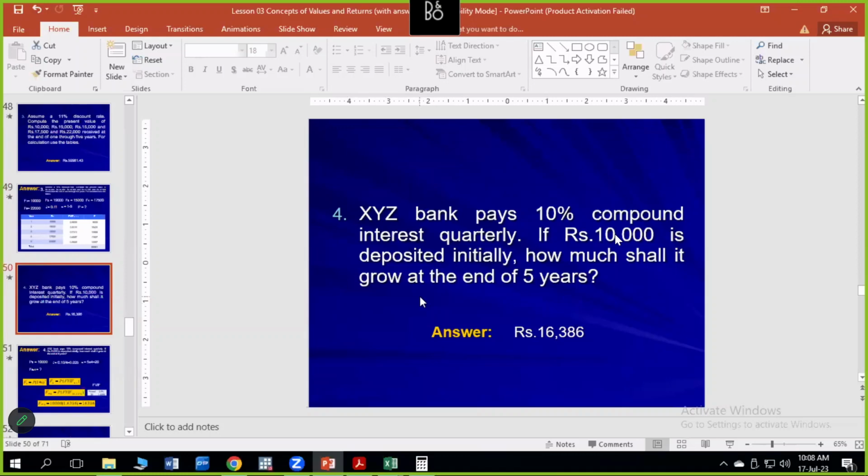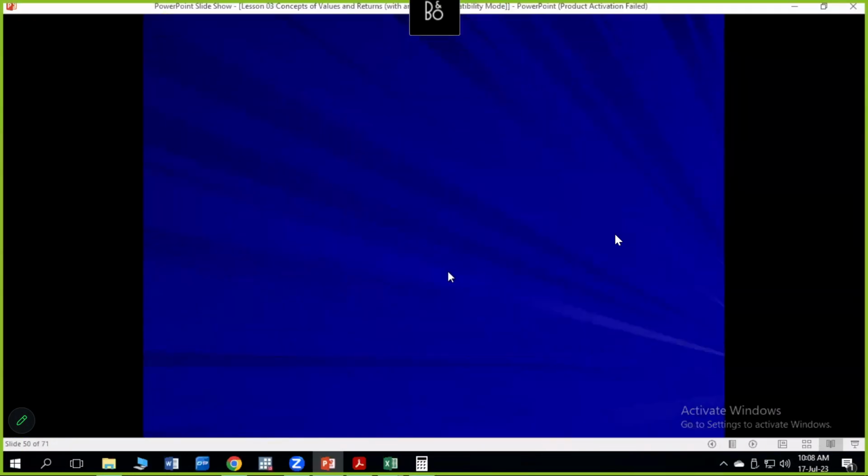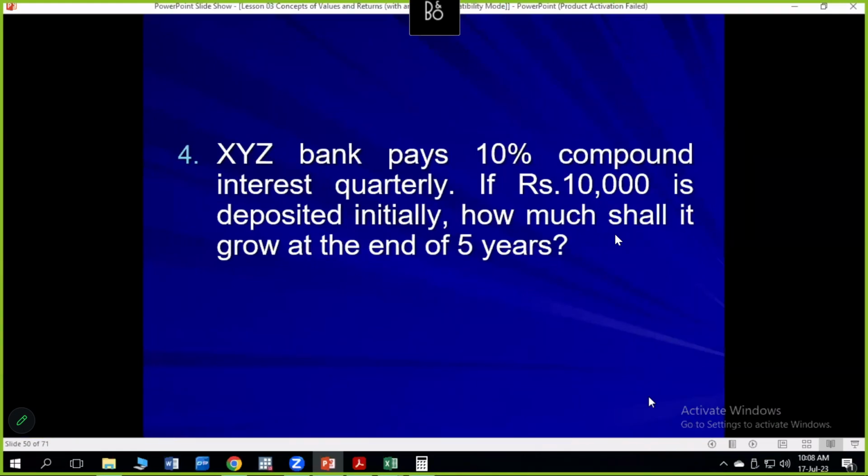Then you have another exercise. XYZ bank pays 10% compound interest quarterly.